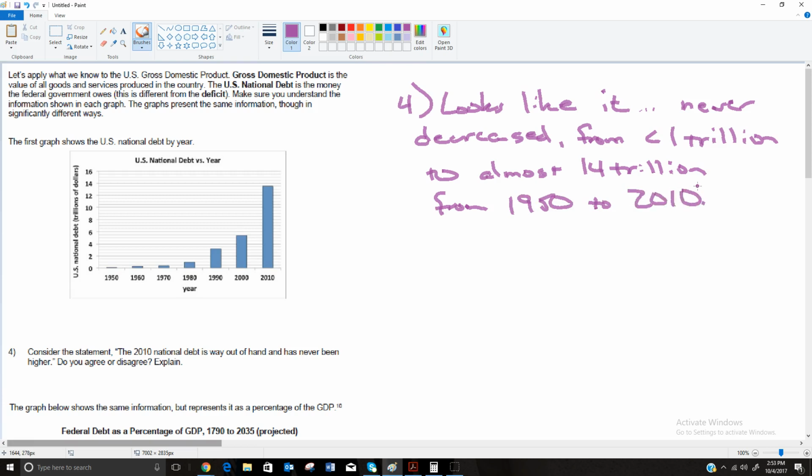So this is what they're saying when they say these good writing techniques. We want to give lots of information. The national debt never decreased, and it went from less than 1 trillion to almost 14 trillion from 1950 to 2010. So it seems that statement is supported.